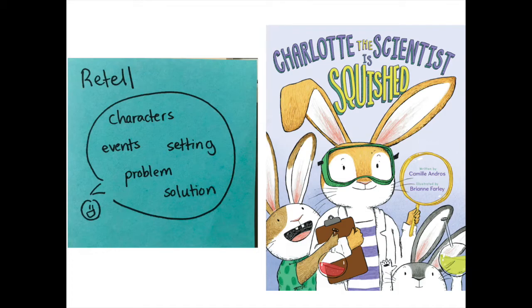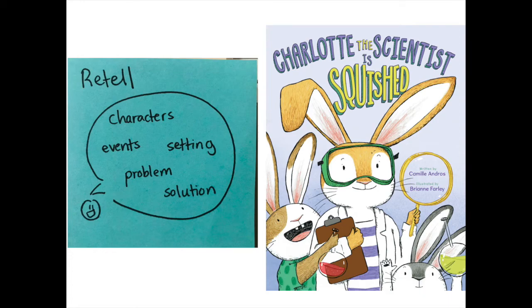By using our ability to retell, look at the characters, events, setting, and then think deeply as to what the problem and solutions were in the story. Don't forget to do that often when you read your books and you sense that there's a problem that you can identify in the story, because remember, again, conflicts often drive stories, and it is important as readers for us to pay attention to how problems are solved and the steps that the characters take to solve their problems.